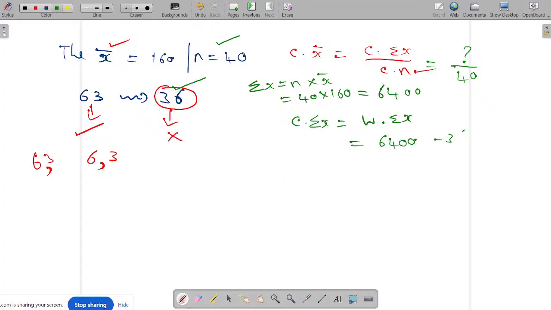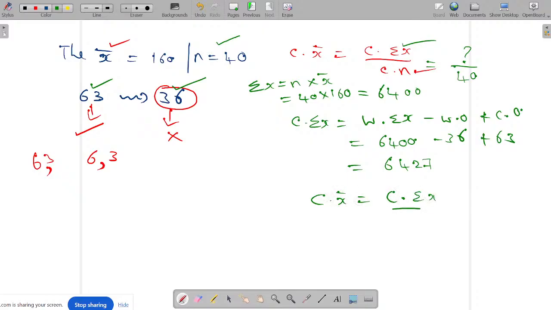So let me remove 36 and feed the correct value, which is plus 63, which means minus wrong observation plus the correct observation. Can I get the value? 6,427. So I got the correct value now. So what is the correct x bar?